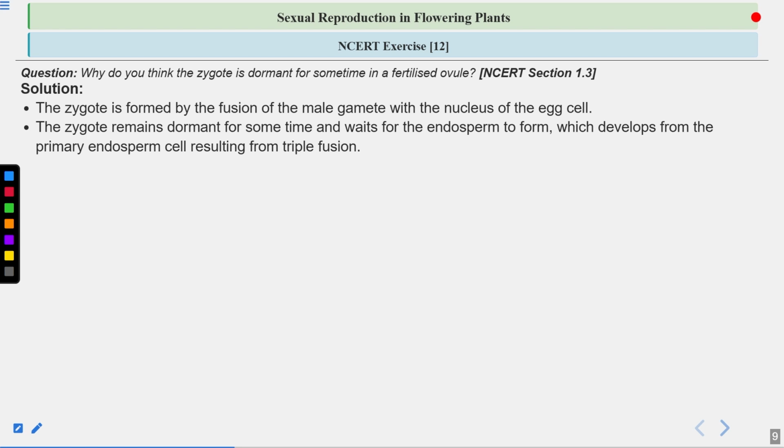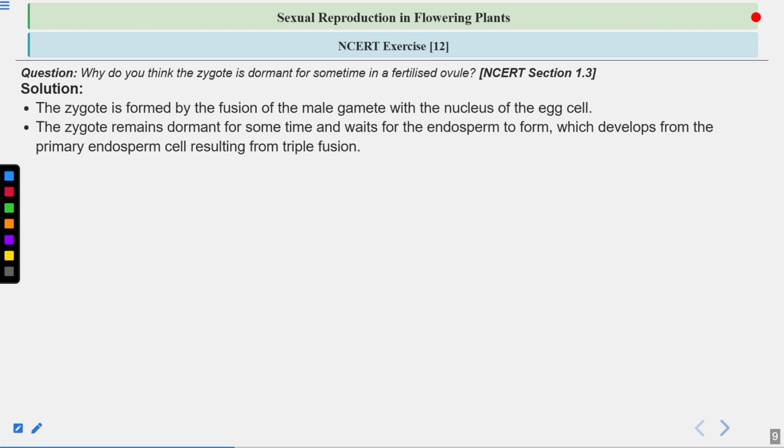It requires nutrients, it requires food. So where will the food come from? The zygote waits for some time so that the endosperm can be made, and that endosperm will provide a lot of nourishment for the development of the embryo, right?